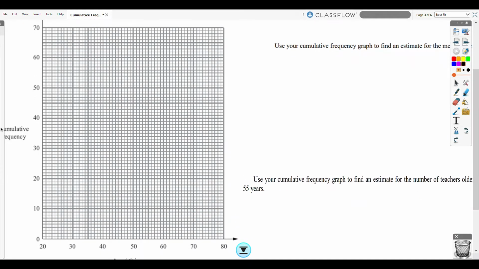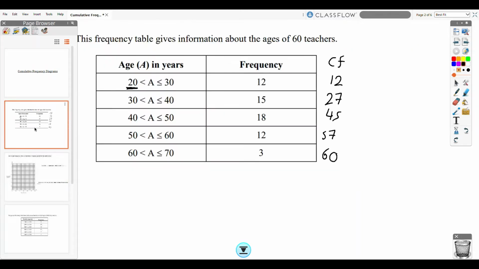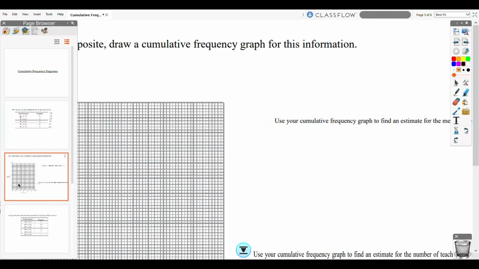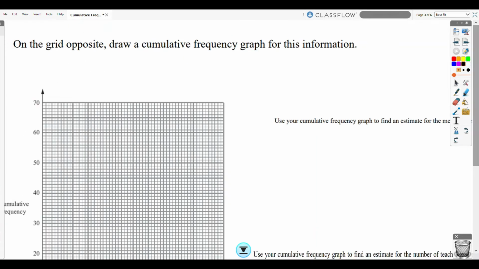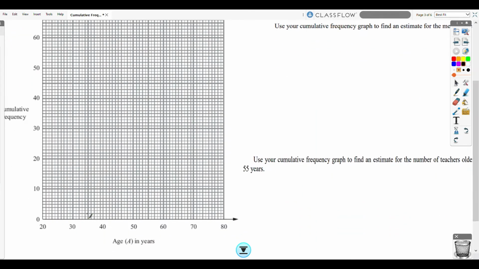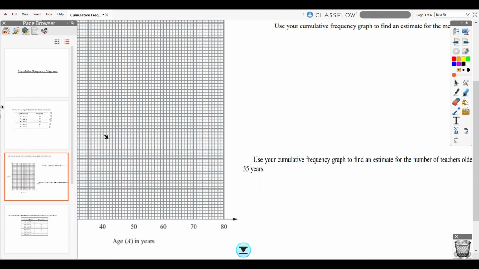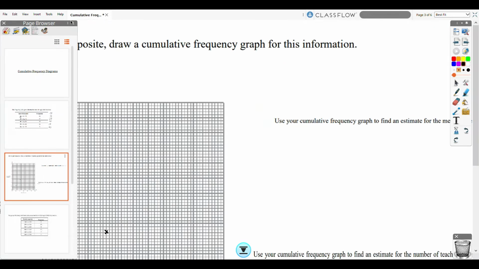So let's first draw it. We'll go back to the table very quickly. So we're plotting a point at 20, and then we're going 12, 27, 45. At 20 we were at 0, and then we were at 12, so let's go up there. Then at 40 we were at 27, and then we need to go 45, 57, 60.